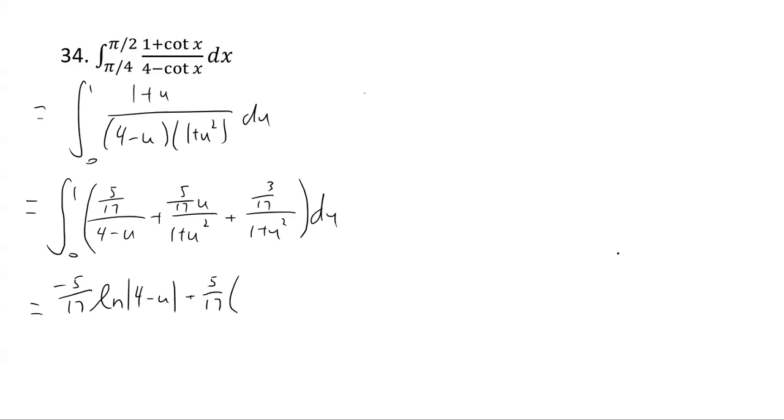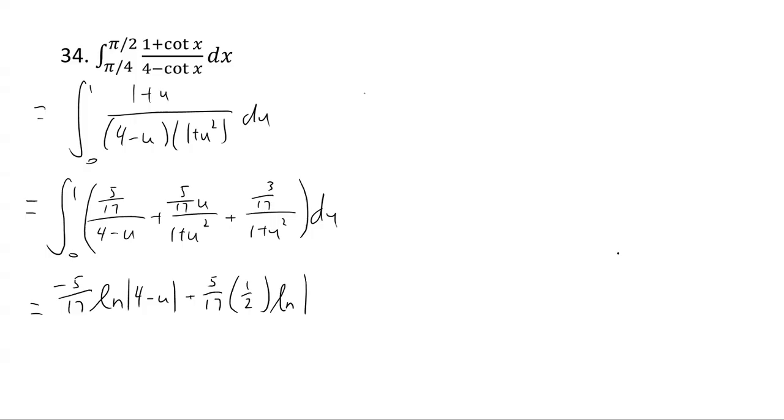I would get a half, and then 1 over, actually, it is 1 plus u squared to the minus 1 power right now. So then this is just, it'll still be a natural log.